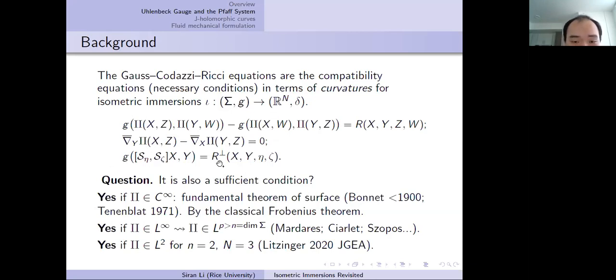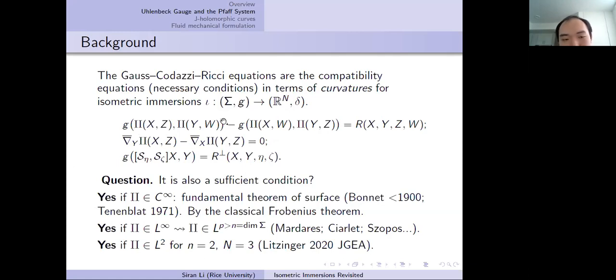And thirdly, this is the Ricci equation. So it says that the Ricci curvature on the normal bundle of the isometric immersion can be expressed as a quadratic expression in terms of S. So S is the shape operator or the Weingarten operator. So it's just an equivalent formulation for II.